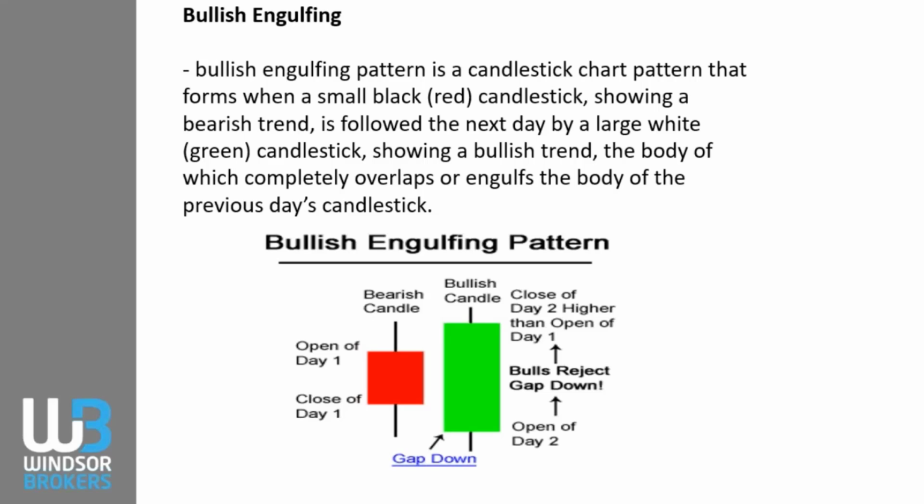And the next day's action ends up in a larger body than the previous candle, of opposite color, so in this case green or white, and completely overlaps the body of the previous day's candle, so it engulfs the body of the candle. So that's why it's called the bullish engulfing.